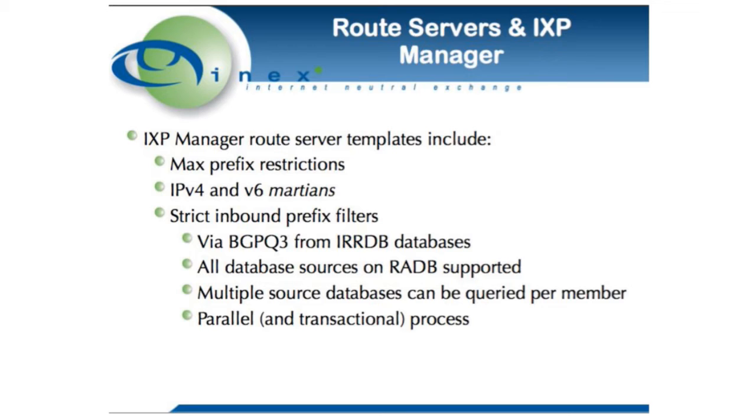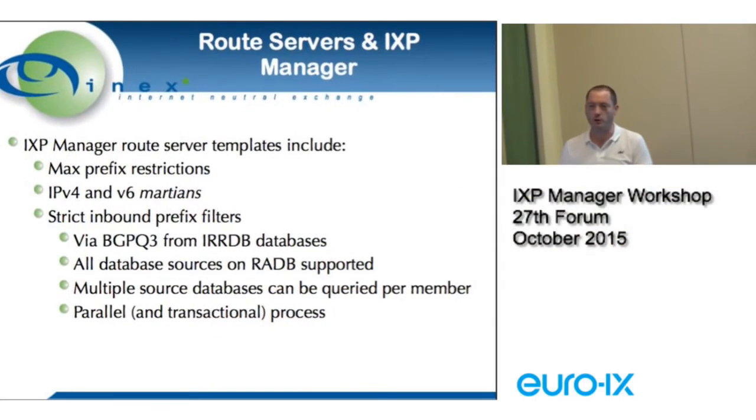So if the script that needs to create the route server configuration happens around at the same time, it doesn't matter. It's transactional, so we'll get whatever view, the pre or post view of those prefixes. So now we can spit out a BIRD route server configuration in about 3 seconds, which is great when we have new members who are joining and say, yeah, we want to use the route server. Done. It's very good.